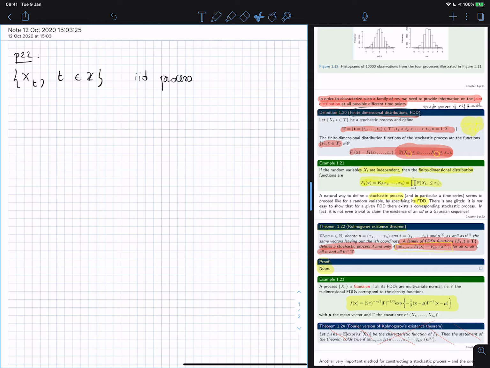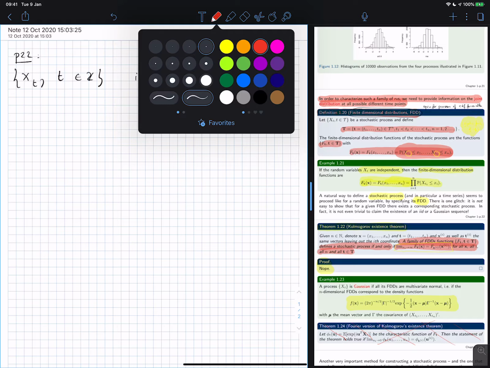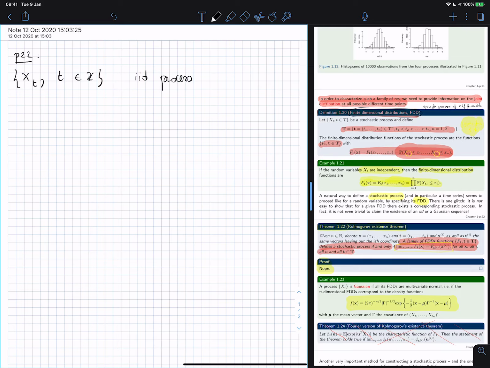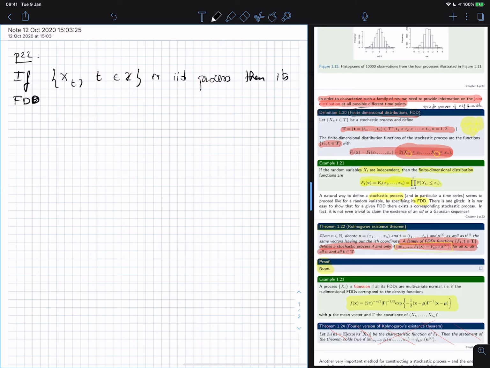Then the associated FDD, that's what the FDD is, the collection of functions which are given by F_t of x.